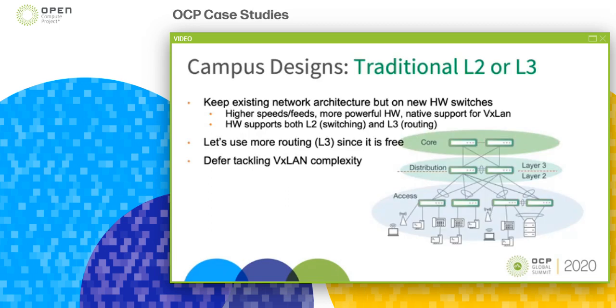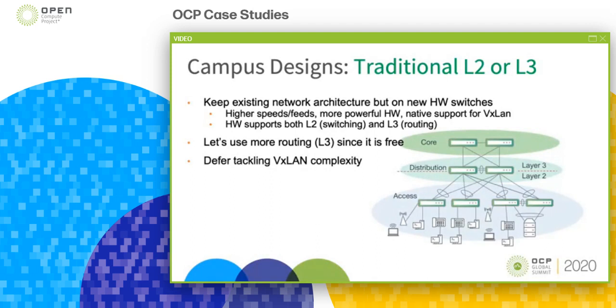The first one is to keep the existing network architecture, to make no changes, but to move to a new generation of hardware switches. Due to a new wave of semiconductor devices that have come into the market in the last 12 to 18 months, the new generation of network switches offers some immediate benefits: higher speeds and feeds, more ports running at higher speeds, more powerful hardware capabilities.